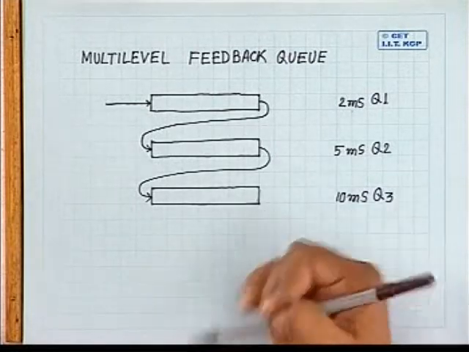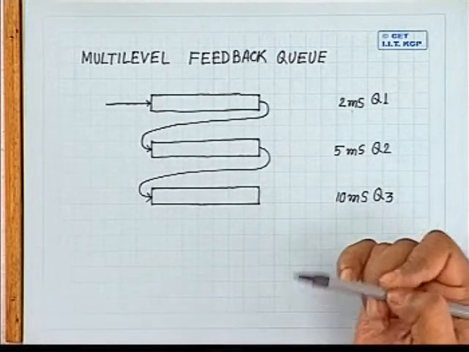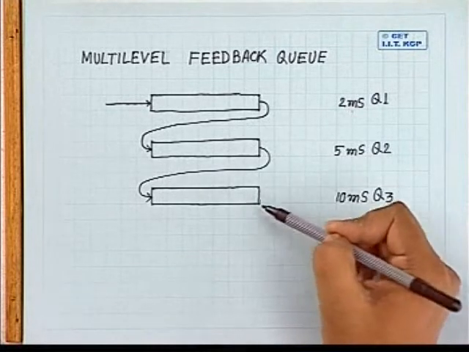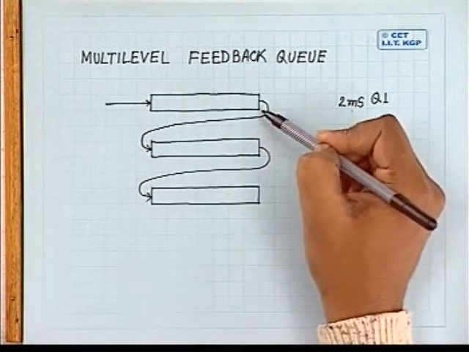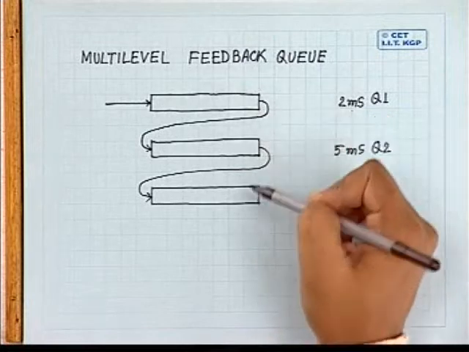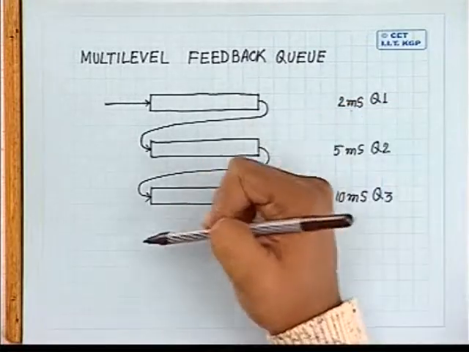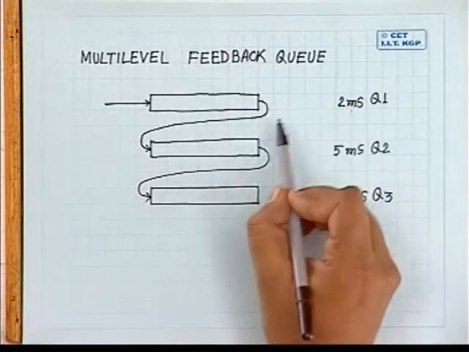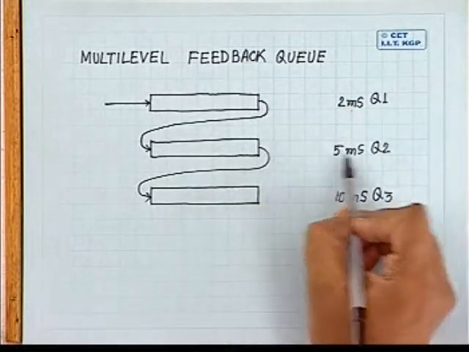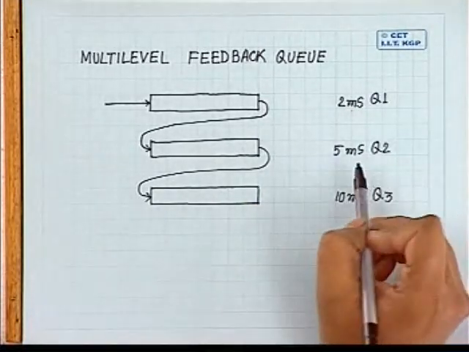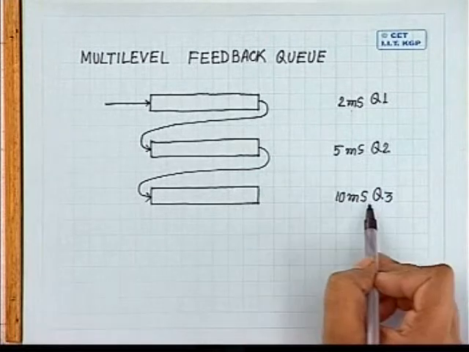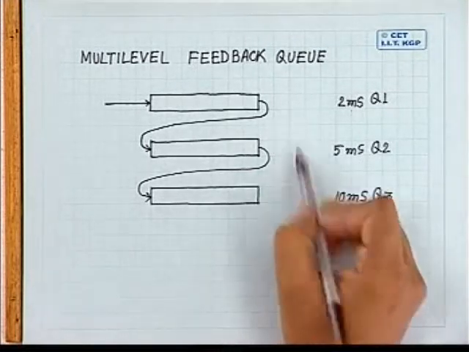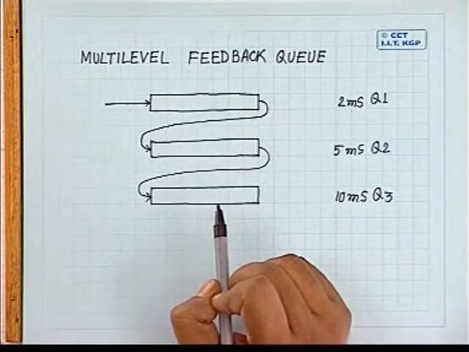Whenever the job changes its nature, that is, it starts becoming IO bound, I start pushing it upwards. When I push it upwards, that means I am increasing its priority. So here again, queue number 1 will have the highest priority, queue number 2 will have lower priority, and queue number 3 will have the lowest priority among these three.